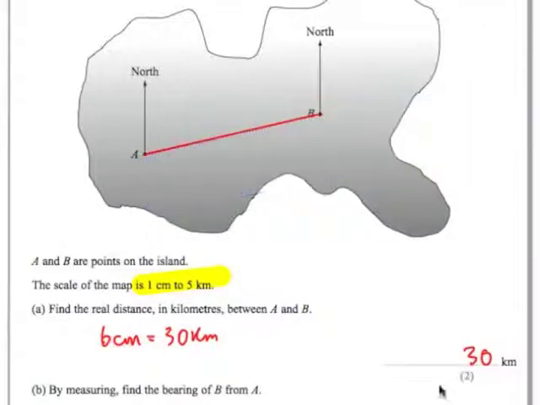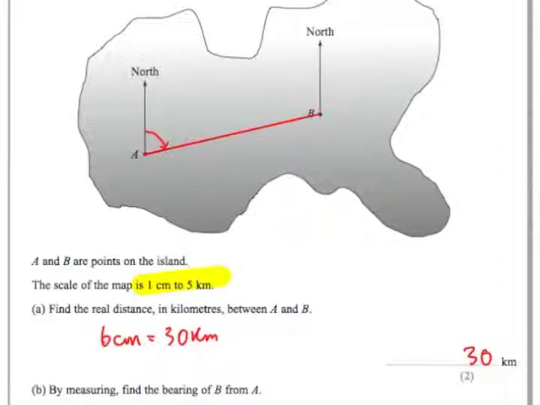Okay, so we're measuring the bearing of B from A. So we stood at A here, and as you should know, we measure bearings from north, which is why they've put these north lines in for us, which is very helpful. We measure from north and in a clockwise direction, so we're going that way until we hit that line there. So this is the bearing that we're talking about here, it's the angle.